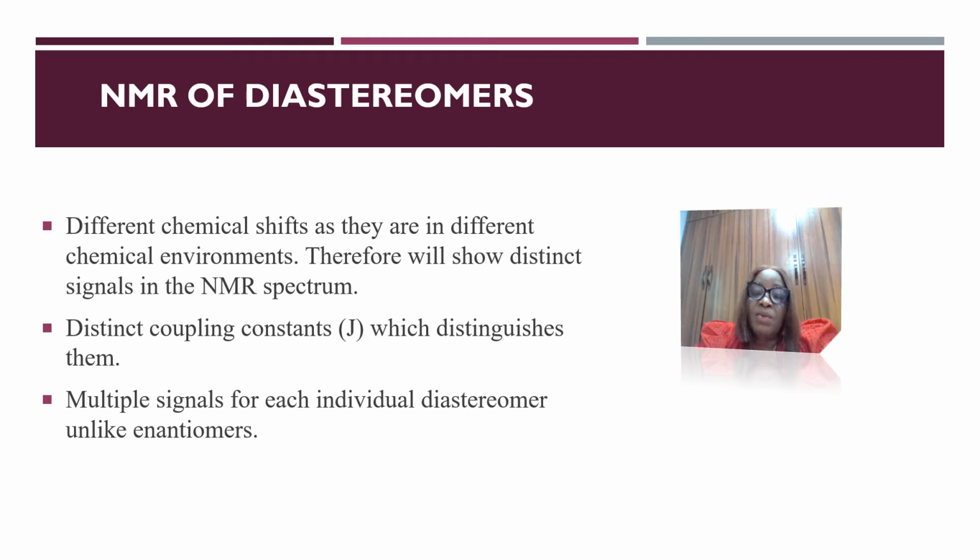Multiple signals. A mixture of diastereomers will show a complete set of signals for each individual diastereomer, which is in contrast to enantiomers, which are indistinguishable by NMR spectroscopy, except using a chiral agent.